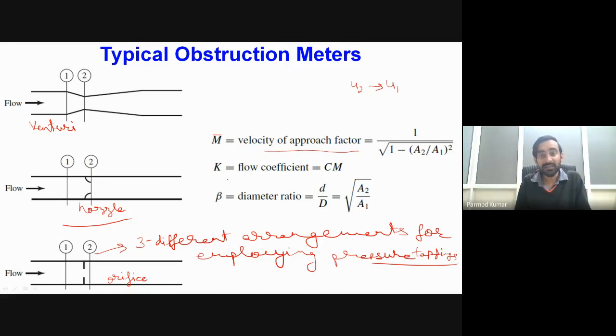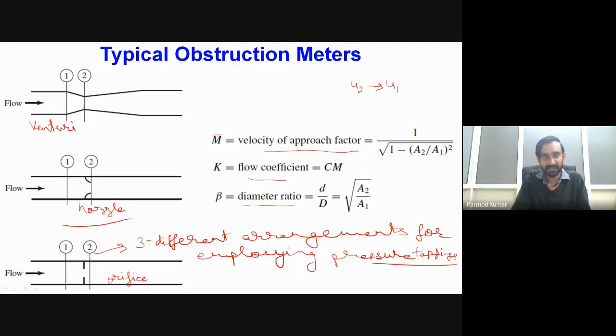Okay, then we have another coefficient, the flow coefficient. It is given by the symbol k and is equal to the coefficient of discharge times the approach factor m. Another factor is beta, which is called the diameter ratio of the obstructed area. This small d corresponds to the obstructed area.